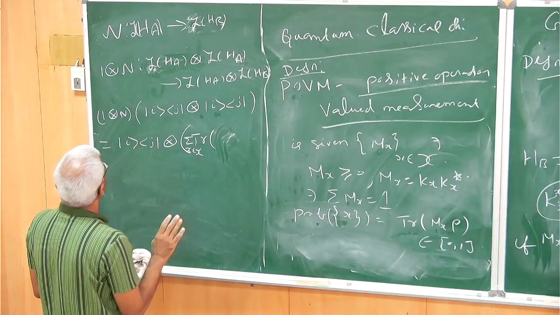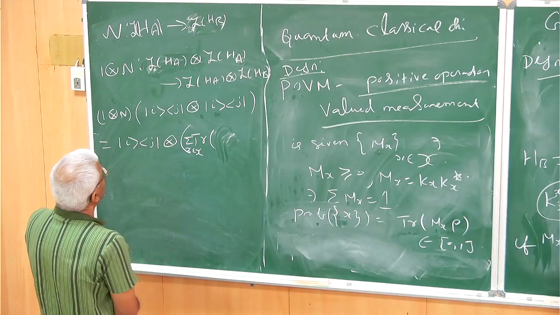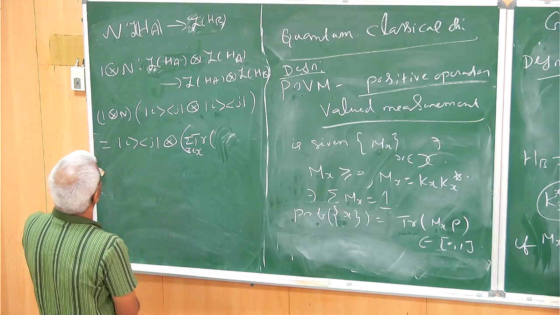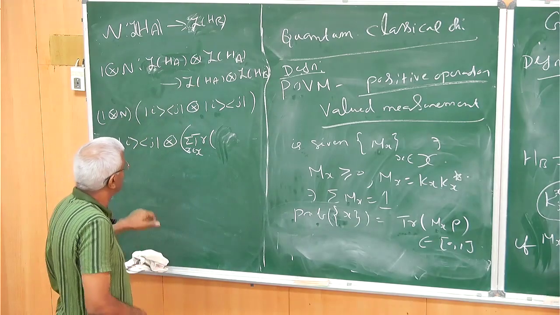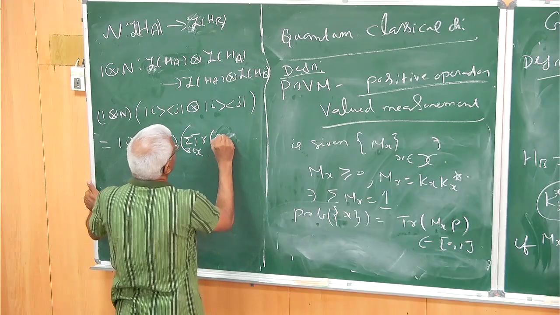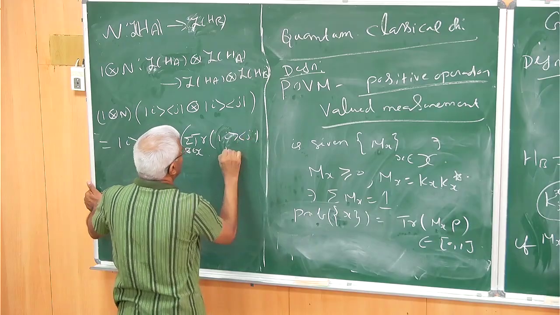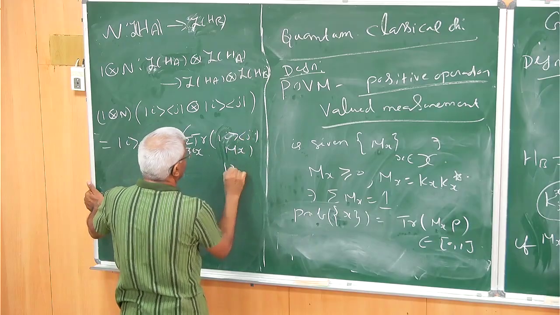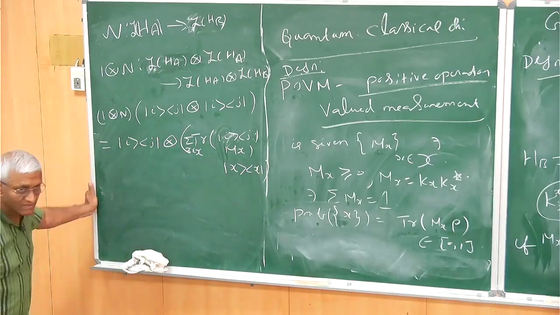Wait. No. Where is ij coming? Yeah, this has ij, that has xx. So this will land up, so this will have ij, trace of ij, mx times xx, right?